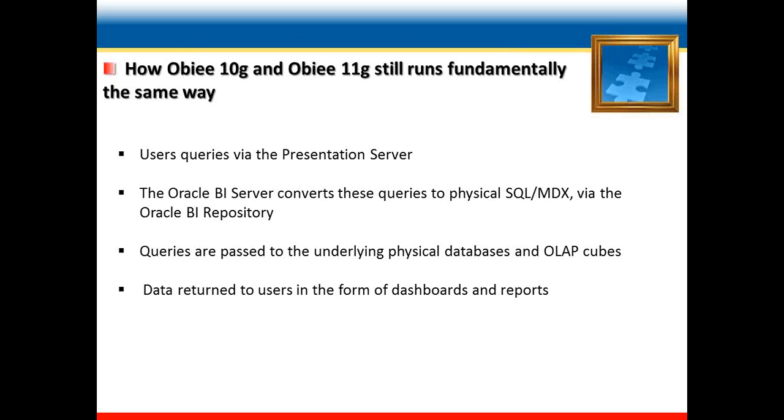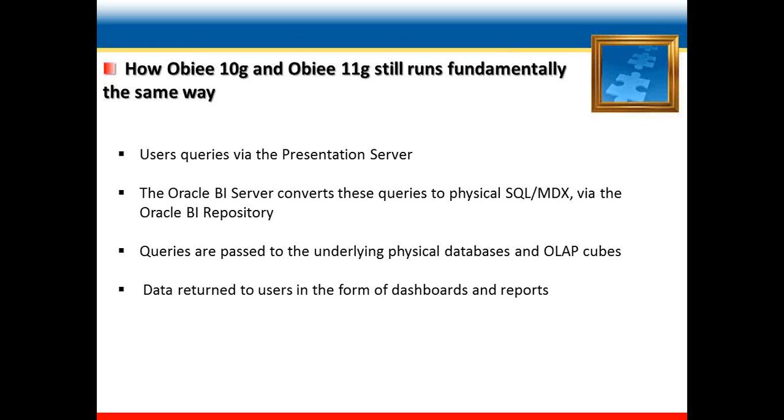Then third, queries are passed to the underlying physical databases and OLAP cubes. So in the case of OBI 10G and OBI 11G, it's the same for both. Then last, data is returned to the users in the form of dashboards and reports.